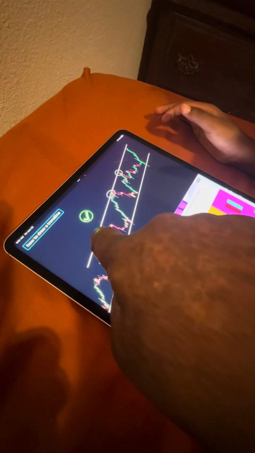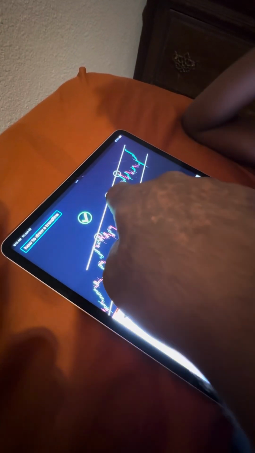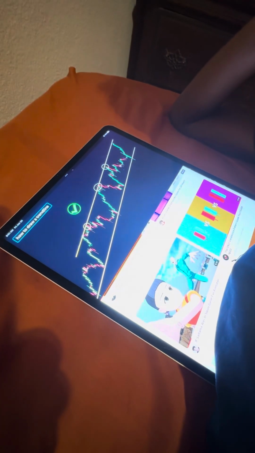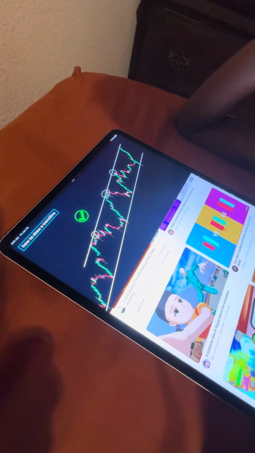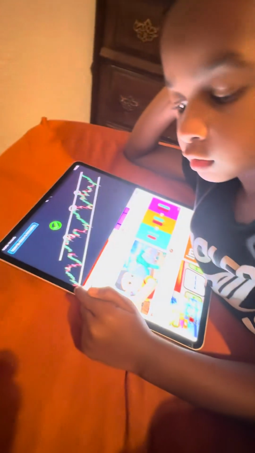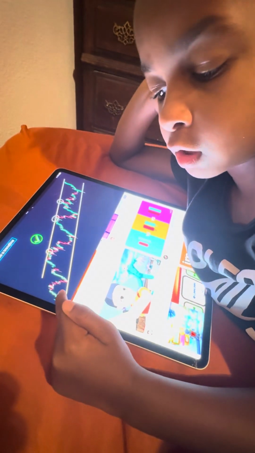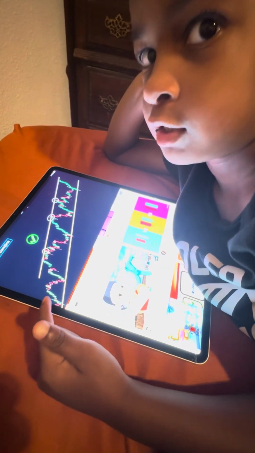So what would you do at the top? Let's look at another example. Stop it right there. So what would you do at the top at the circle points? What would you do right there? Sell. Good job. Because you take a touch point, buy goes up, sells go down, if you can see that. That's right. The hammer.